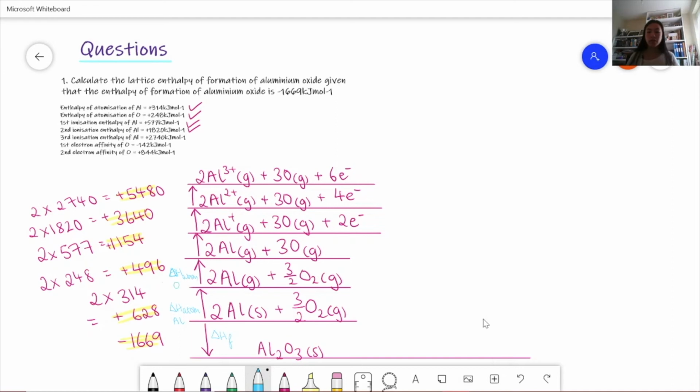And then this one would be the delta H of ionization energy of this aluminium. And then we have the delta H ionization energy, we can put second, of the aluminium. And then this would be the third.